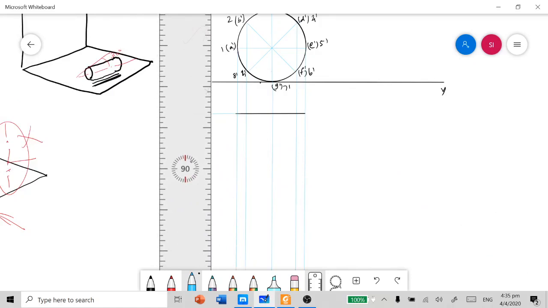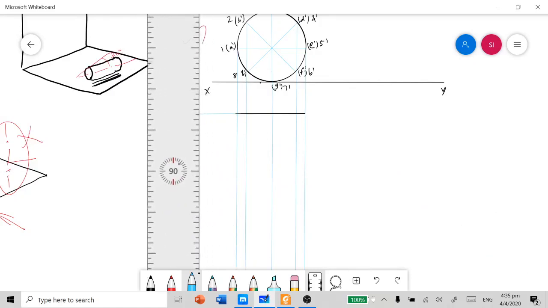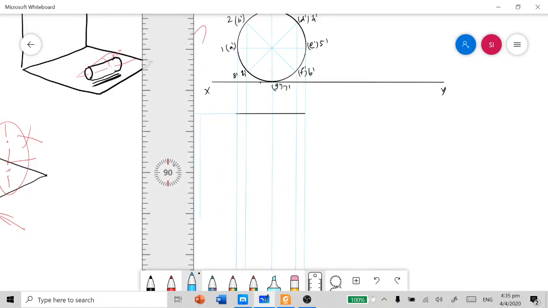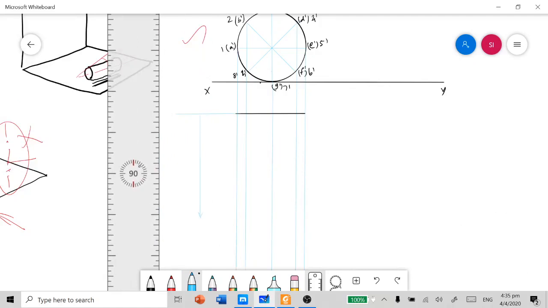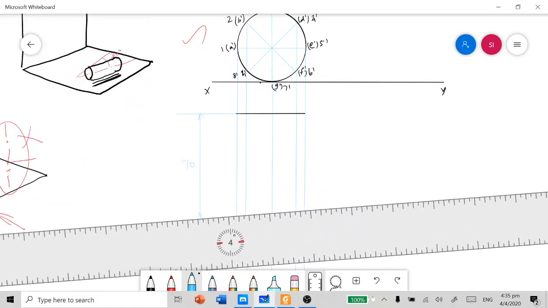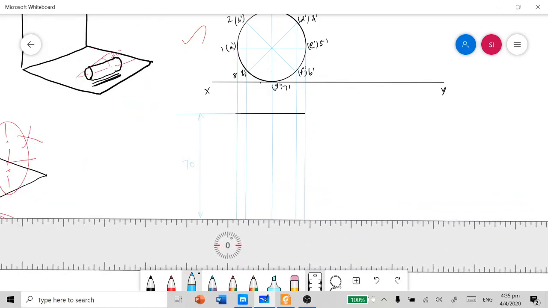So with the span of 70 mm, we can complete our lateral view.